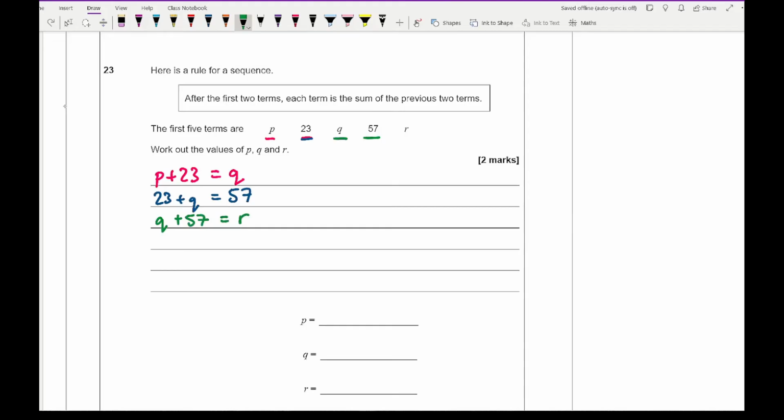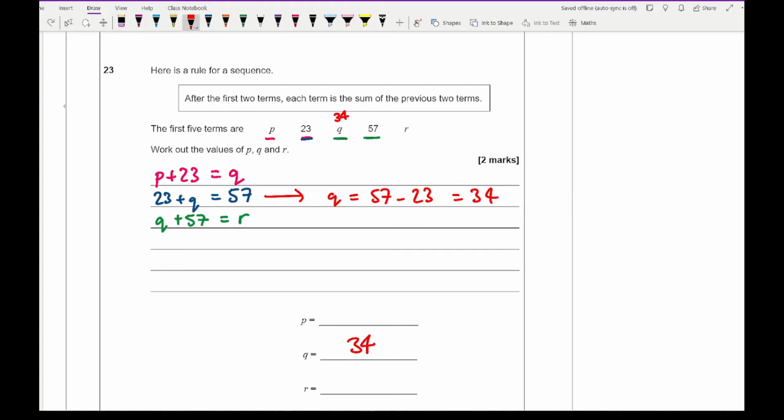Now from this you can see that one of those equations only has 1 letter, so from this I can work out Q, in that Q equals 57 minus 23, and I get an answer of 34. So Q equals 34. Now what I can do is just write 34 there.